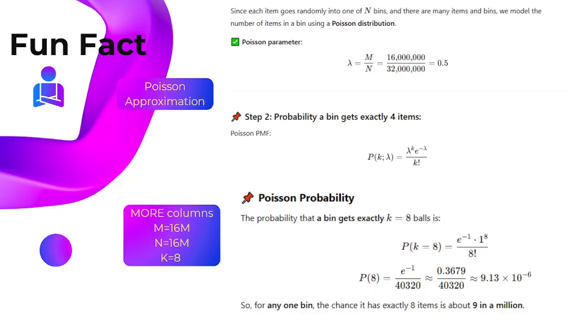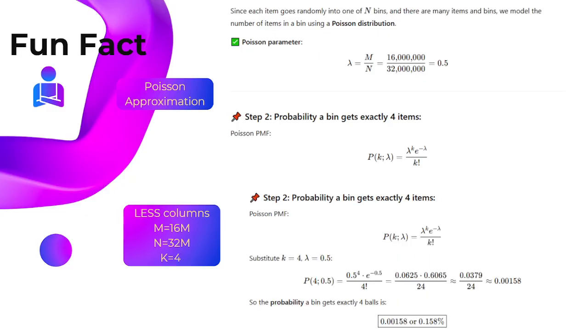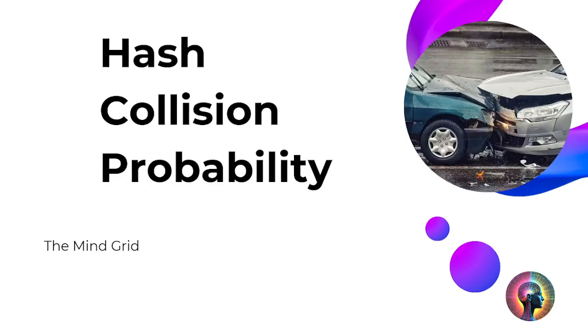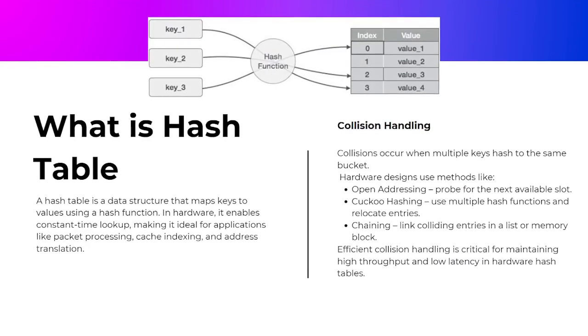So when we design this hash table, we should make sure that we keep the number of columns, or the chaining, much bigger so that multiple elements can go inside each row.